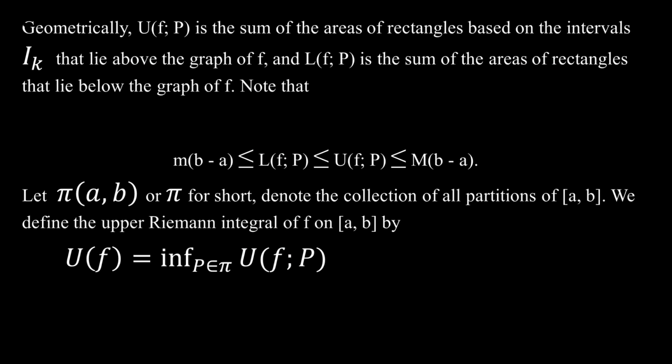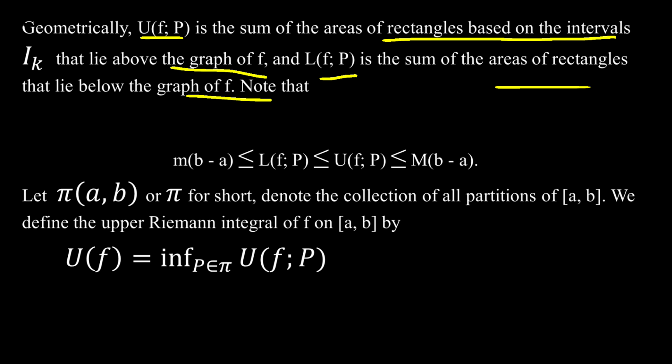Therefore, geometrically, the upper Riemann sum will give you the area of rectangles based on the intervals I_k, which lie above the graph of f, and the lower Riemann sum is the sum of areas of rectangles which lie below the graph. Note that this relationship will always be true.